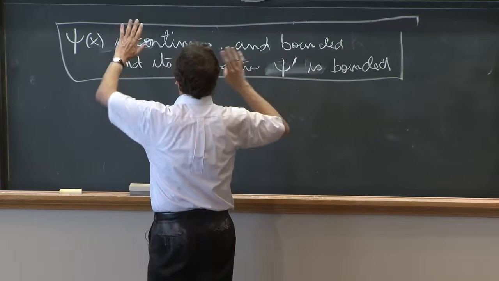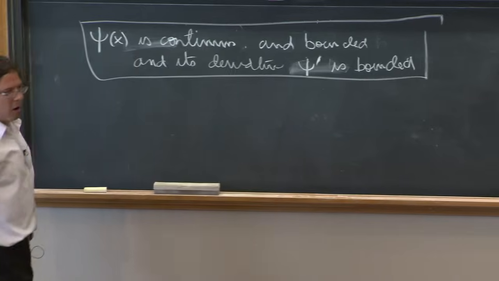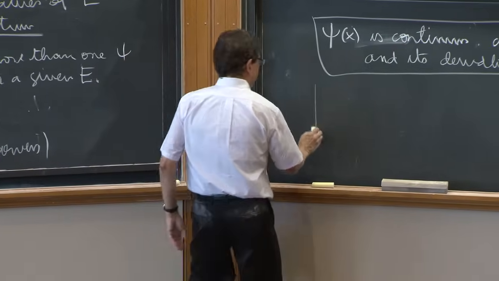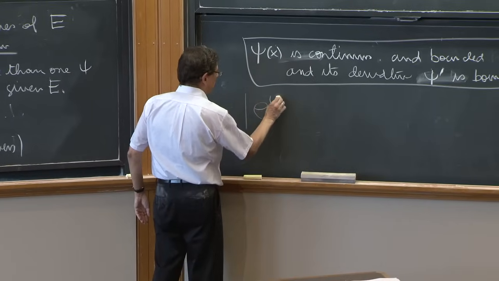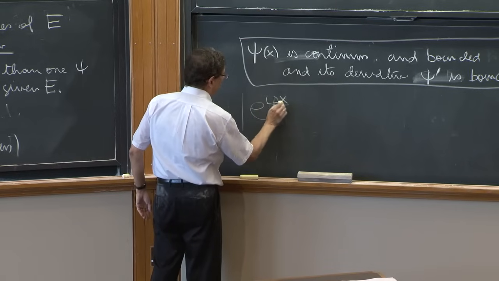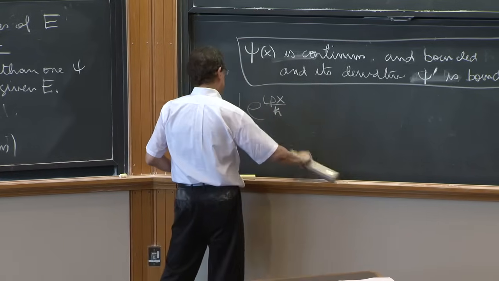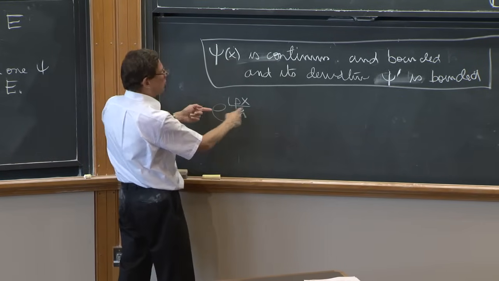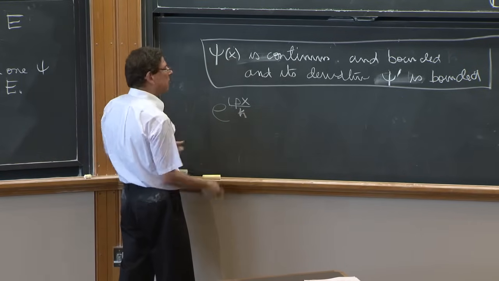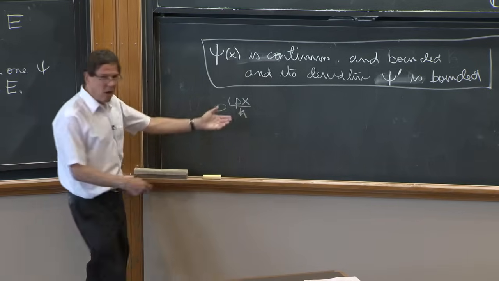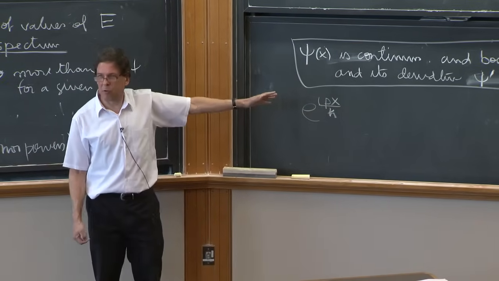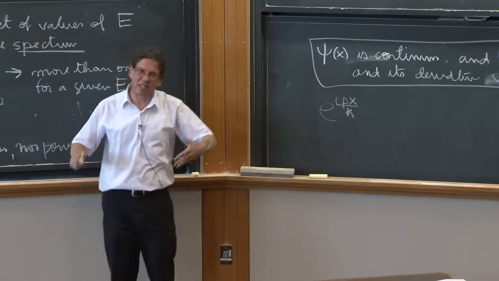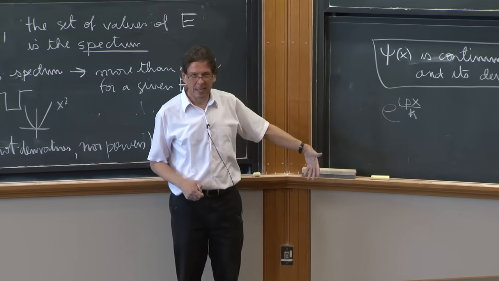I think probably this is what you should really box, because for a momentum eigenstate, e to the i px over h bar, this is continuous. It's bounded. The derivative is bounded. It's not normalizable, but it's so useful that we must include it in the list of things that we allow.